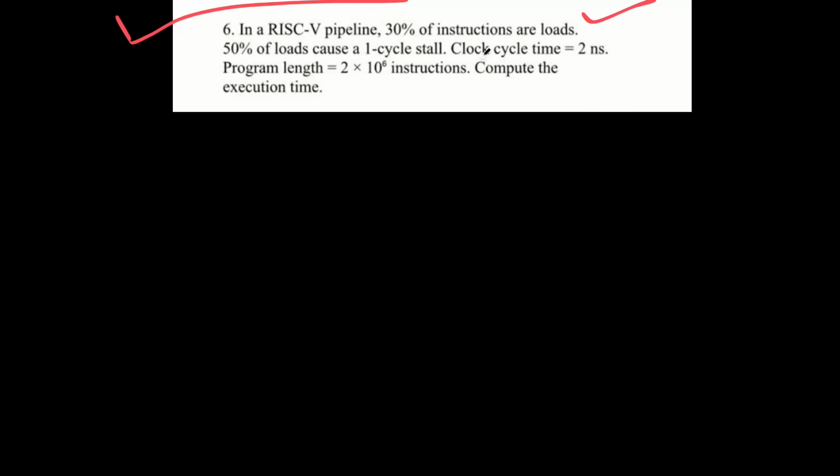The clock cycle time is equal to 2 nanosecond. Program length is 2 into 10 raised to 6 instructions, and compute the execution time.